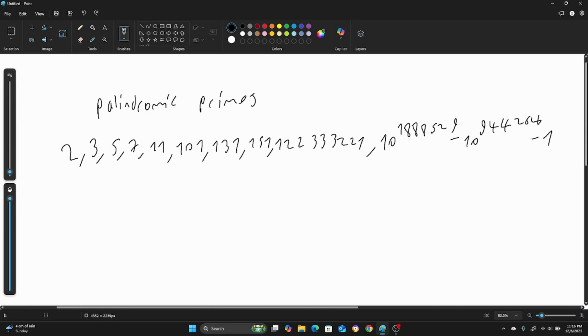Assume a number has even length. Let me give you an example. A, B, B, A. Let's say this is a palindromic prime, right?